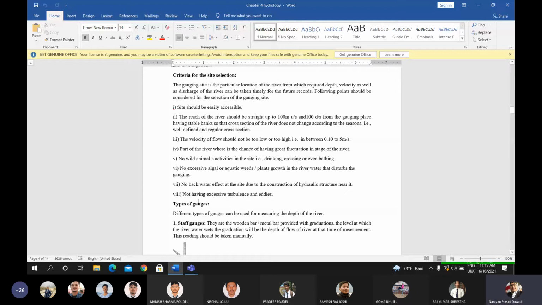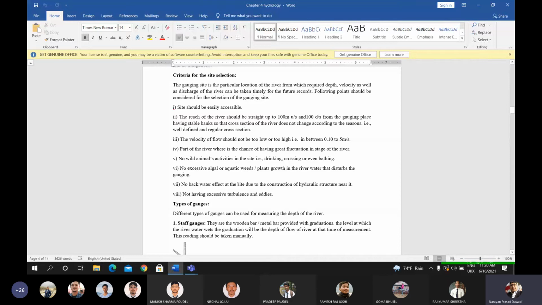And not having excessive turbulence and eddies. Eddies means whirlpools, and for the turbulence, uniform velocity is best for the gauging site rather than turbulent flow.